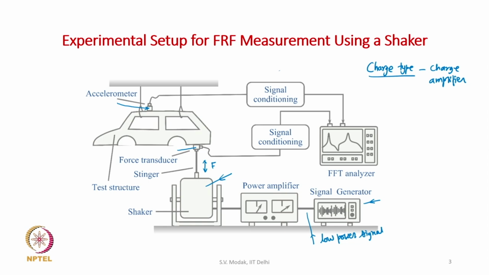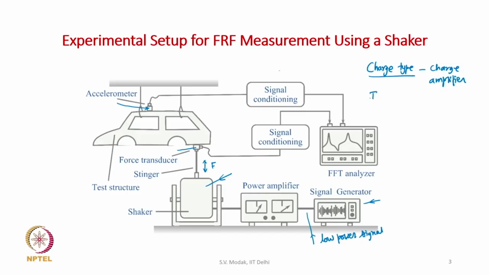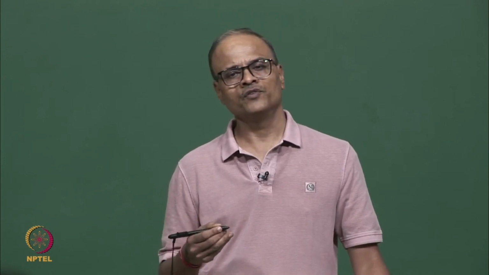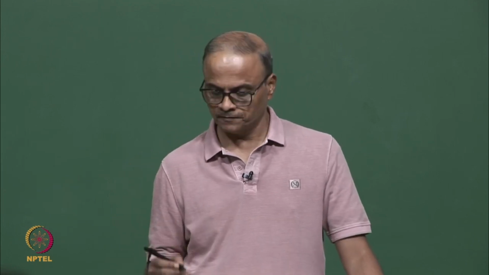The second possibility is that these transducers are of IEPE or ICP type, as we discussed in one of the previous lectures. If they are of IEPE or ICP type, and the FFT analyzer also has input ends which are compatible with such types of transducers, that is, the FFT analyzer must have ICP compatible ends, so that the necessary electric power required for the functioning of these transducers can be supplied, that is, CCLD enabled inputs are required.